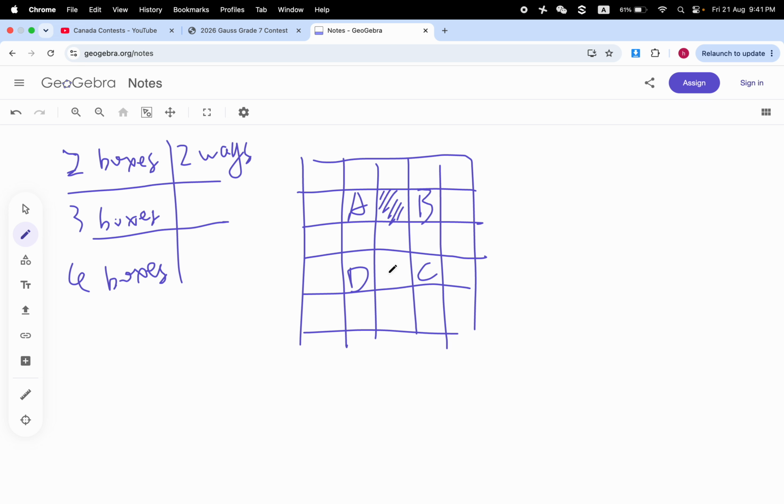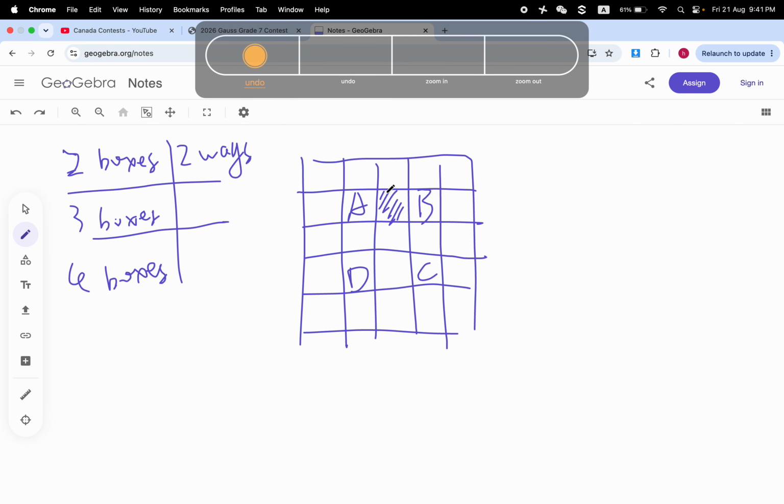The other one is not shared. If the other one is not shared, what's going to happen? You're going to choose from these two places for C, not this place because it is shared. And this is already forbidden because B is already covered. So for C you choose from these two corners, and for D you choose from these two corners. That is 2 times 2, that is 4 cases.